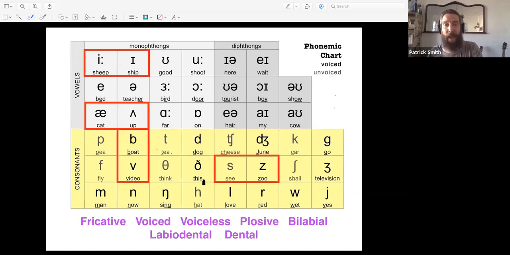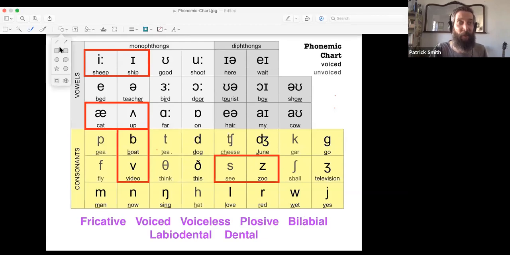If you try to make this sound without using your teeth, you'll realize it's completely impossible. You must use your teeth in order to form this sound. So th. You have to just put the tongue a little bit outside your mouth. If you don't, you'll realize it's absolutely impossible.